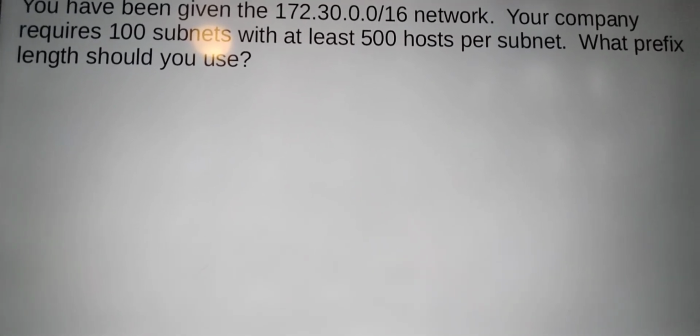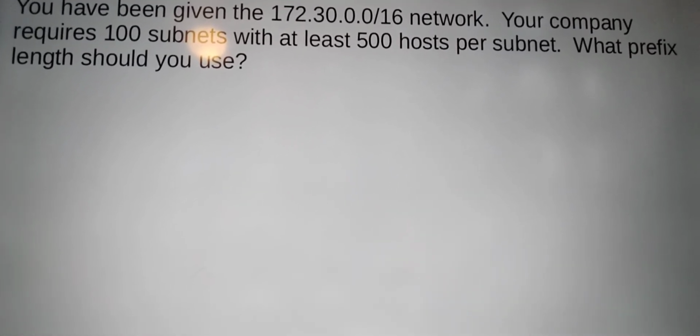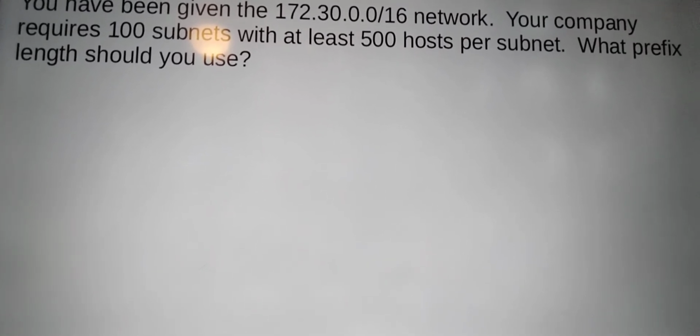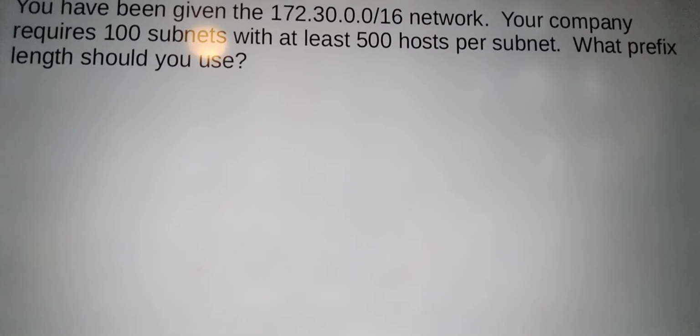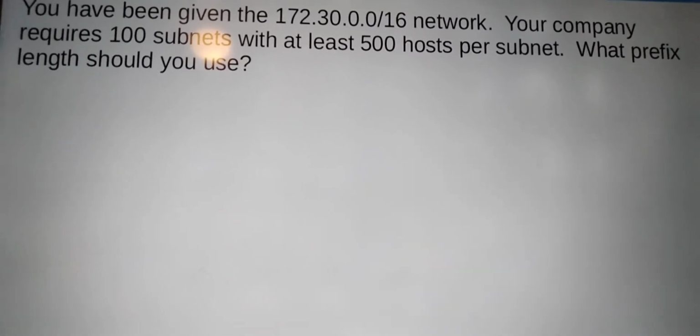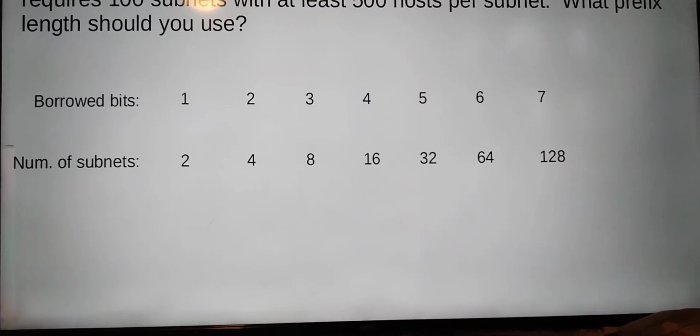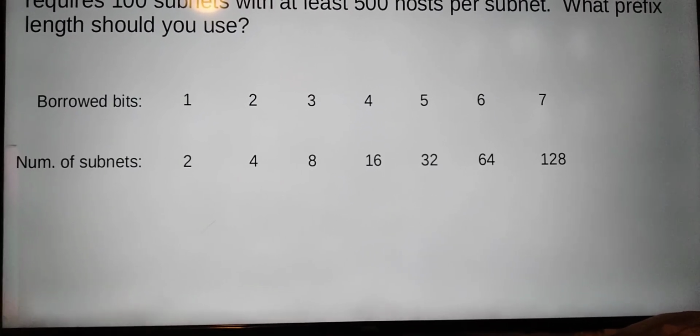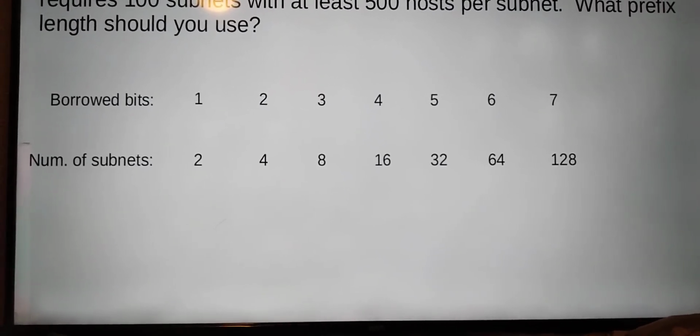So with this, we are asking ourselves, how many bits do we have to borrow to make 100 subnets? So we do this by using power of 2s as follows, looking at the screen.